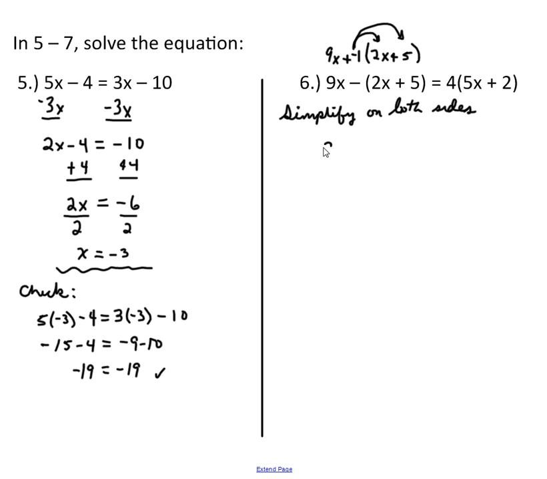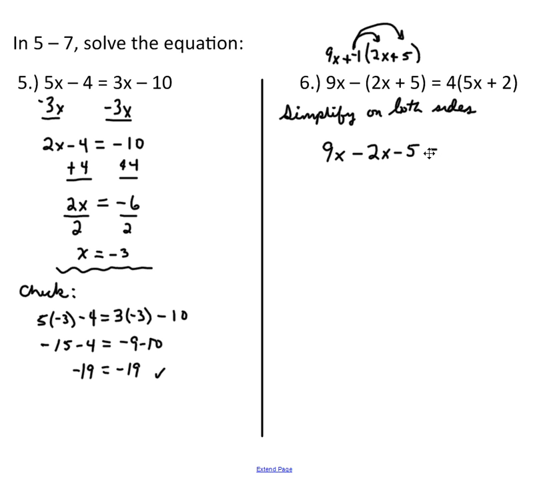So we're going to end up with 9x minus 2x minus 5 on the left-hand side. My pen's leaking again here. Let me try that again. Minus 2x minus 5.